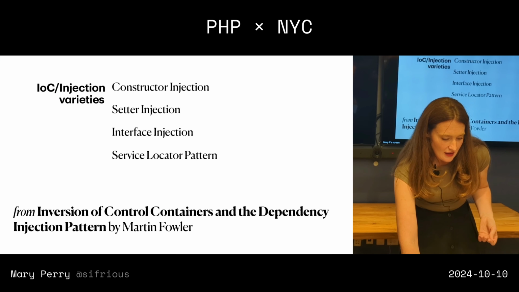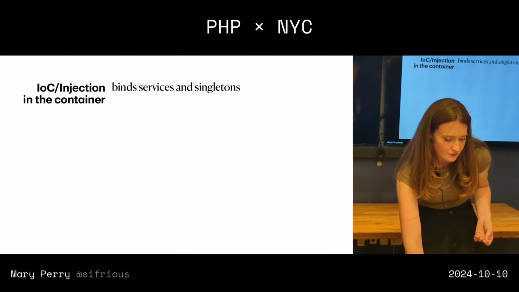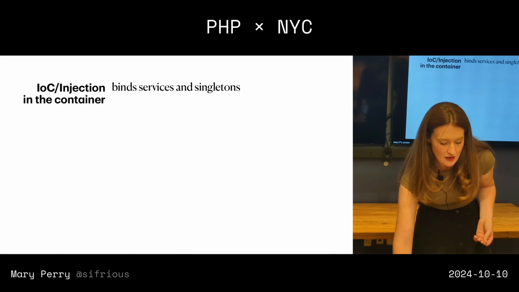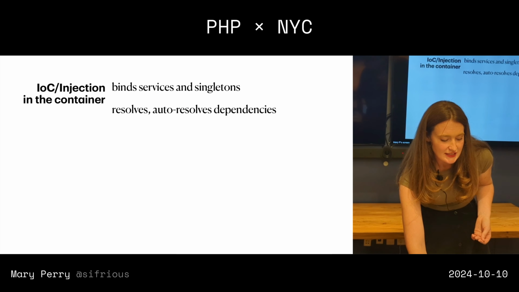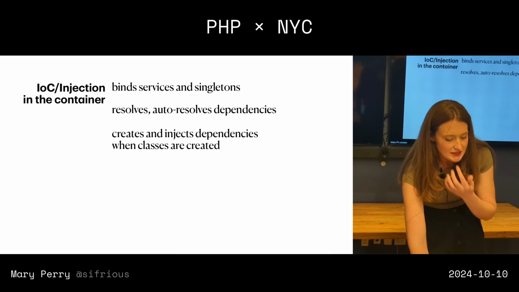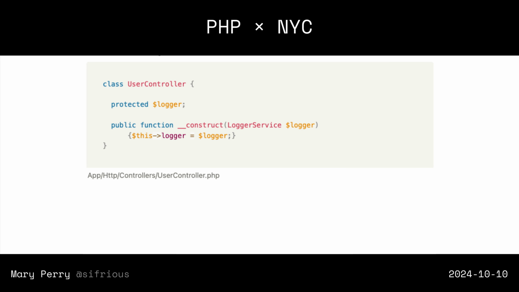So it binds services and singletons, resolves and auto-resolves dependencies, creates and injects dependencies, and here's an example. You have a controller with a type-hinted dependency. This is just a thing I made up. It's a UserController, and it has a constructor, and we're trying to find a logger service.